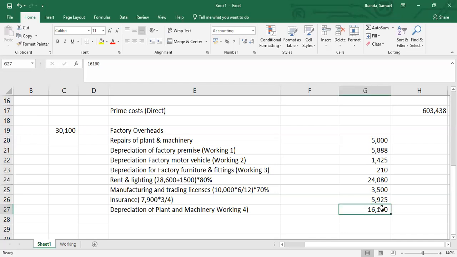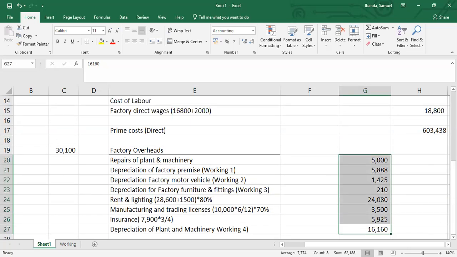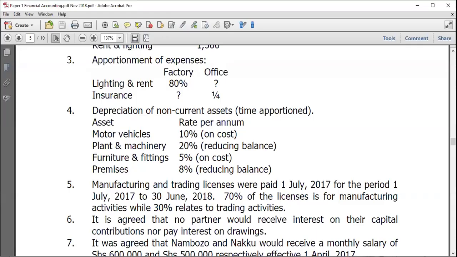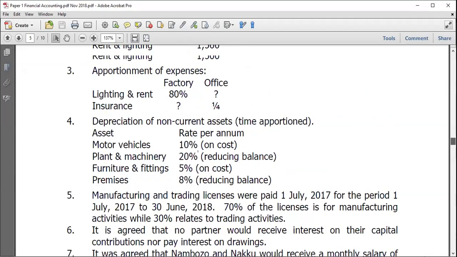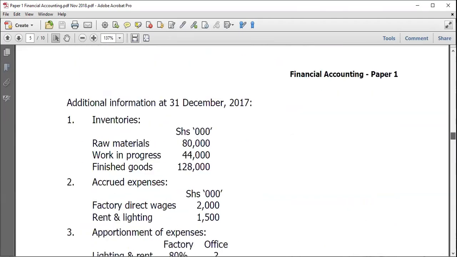I have not left out anything at all from my question that relates to the factory. You can look at your question in detail. So at least you can see we've been able to conceptualize everything.